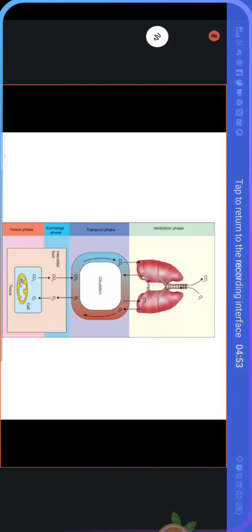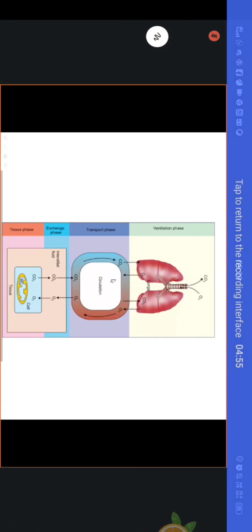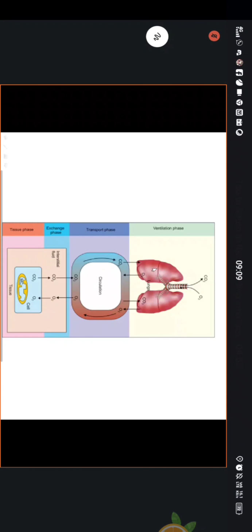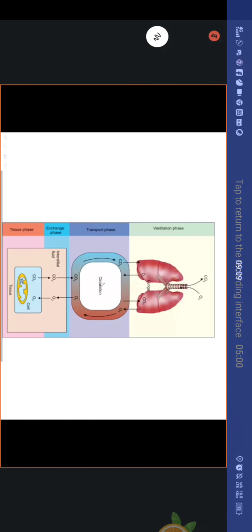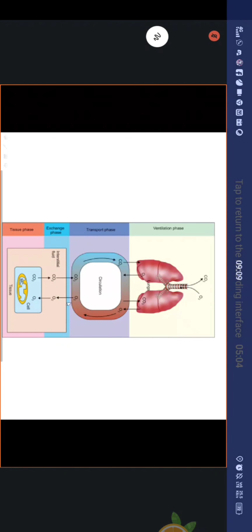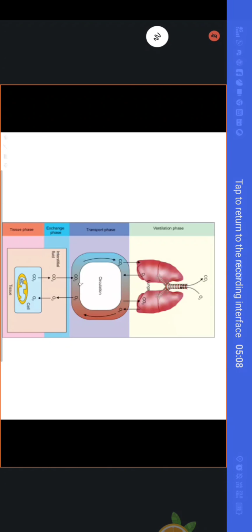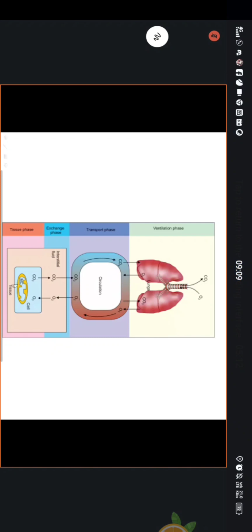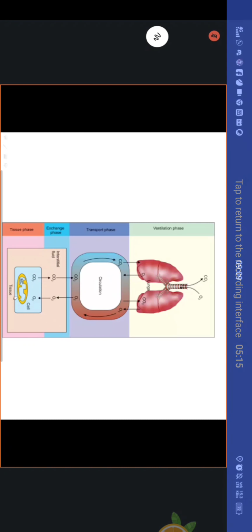So these are the layers. These gases travel on either side: carbon dioxide to the lungs, oxygen towards the capillaries. Then within the circulation, there is transport. It reaches the tissues. Then there is the exchange phase and internal utilization by the cells.